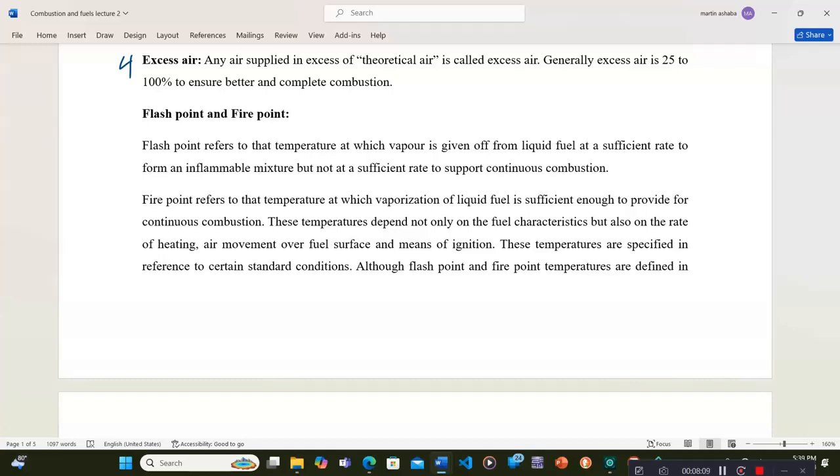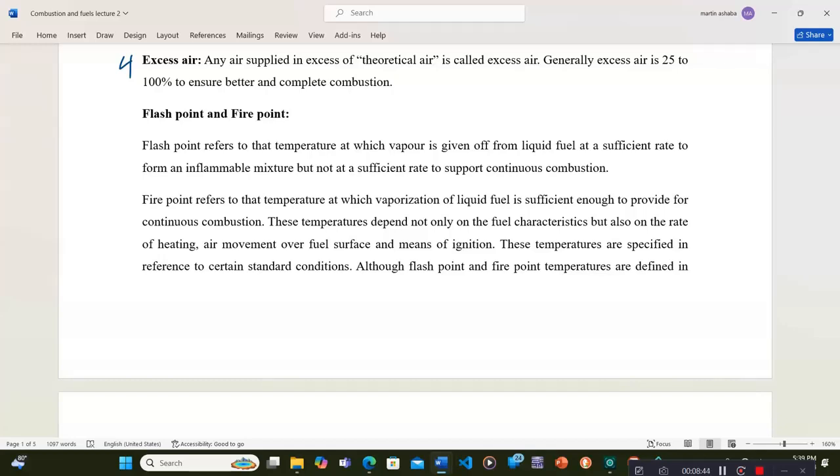So the temperature that is required for this fuel vapor to form an inflammable mixture, but not at a sufficient rate to support continuous burning, we shall call that temperature the flash point. So you need to understand this point.